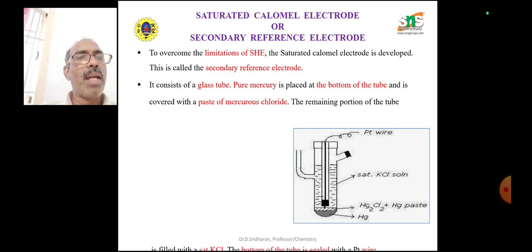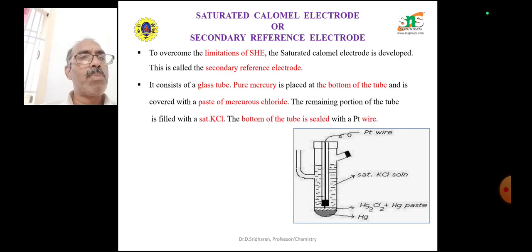It consists of a glass tube. Pure mercury is placed at the bottom of the tube and is covered with a paste of mercurous chloride. The remaining portion of the tube is filled with saturated KCl. The bottom of the tube is sealed with a platinum wire.